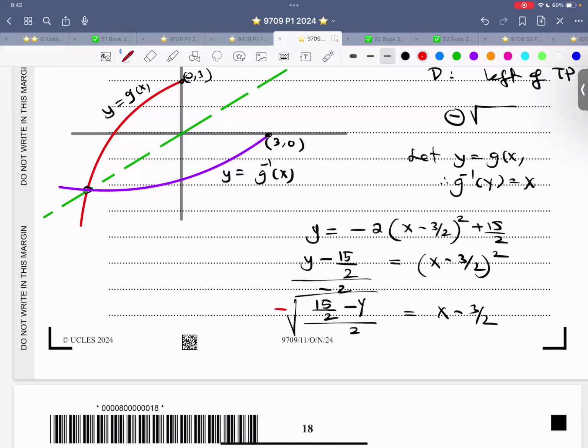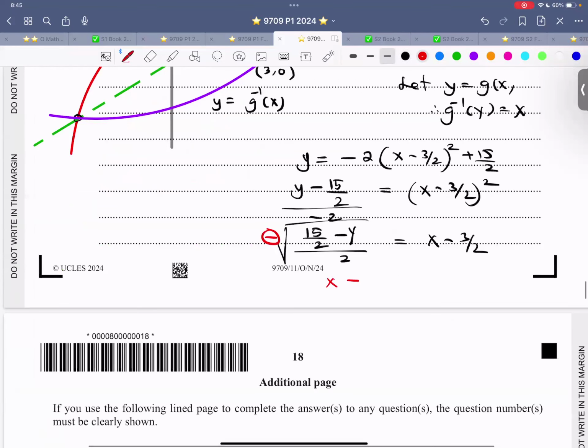Give the square root a negative sign. Make x the subject: x is 3/2 minus the square root of (15/2 minus y) over 2. You can simplify it further, no issue.